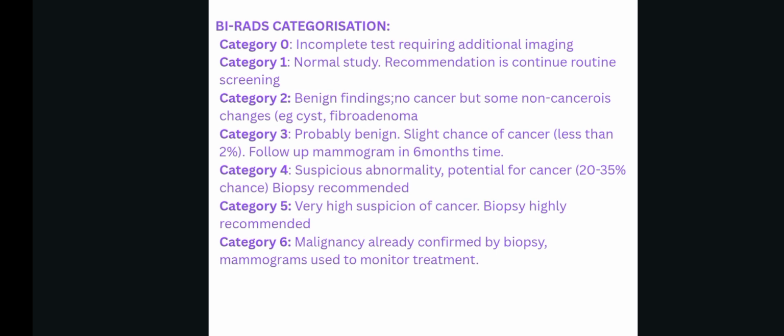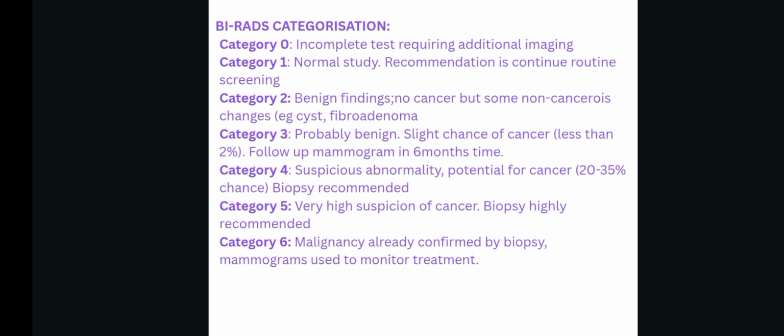These findings may be cysts or fibroadenomas. In such a case, the patient may be asked to continue normal screening, or if the finding is disturbing to the patient, like it could appear as a lump, they can do surgery and remove it.